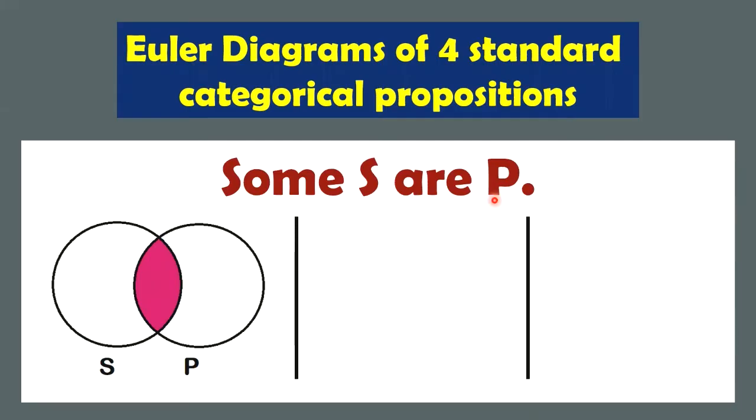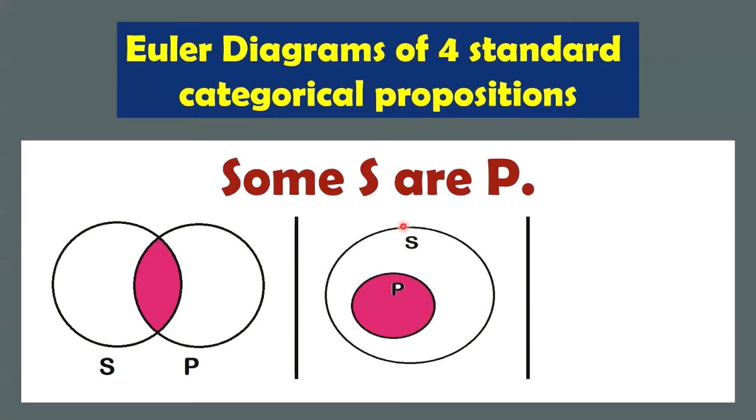Okay? So another possible Euler diagram for this statement here. Okay? This is also an Euler diagram for this proposition. Some S are P. Why? Kita nyo tong P? Okay? Etong shaded portion na ito, part din ito ng S. Diba?